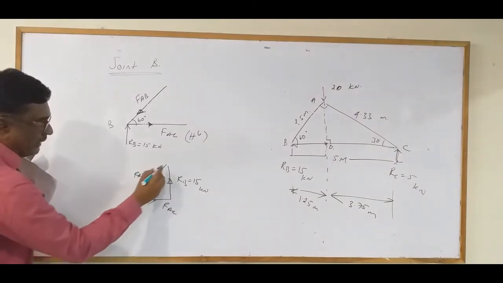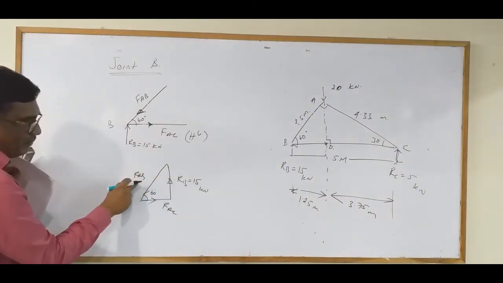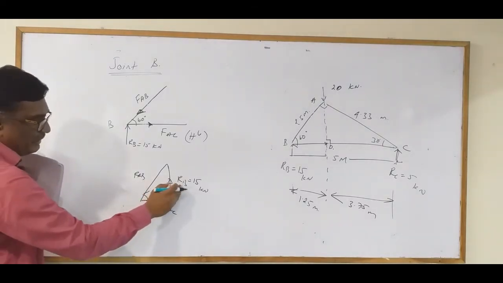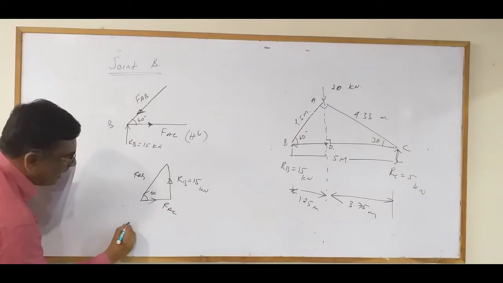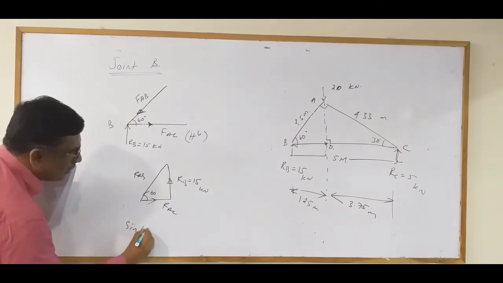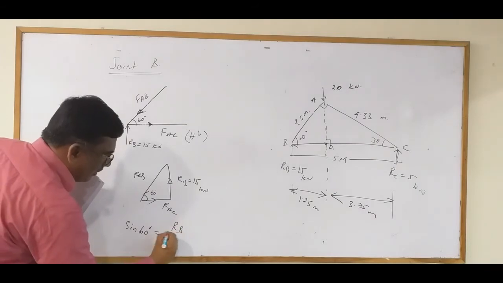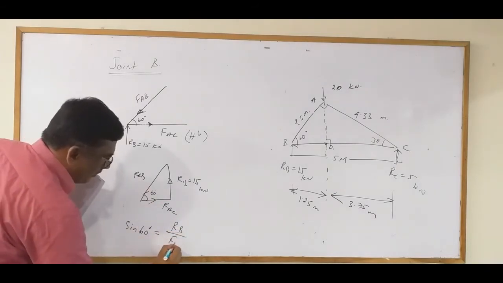This is the hypotenuse. So FAB is on the hypotenuse and FAC is on the bottom side and RB is on the opposite side. Find sin 60. So this is equal to RB by FAB.